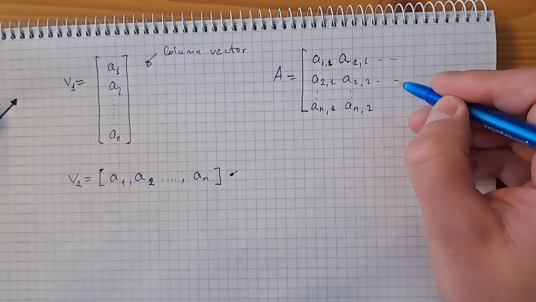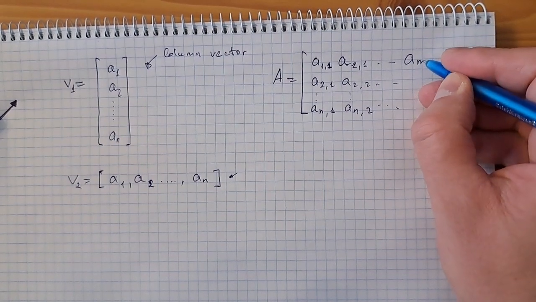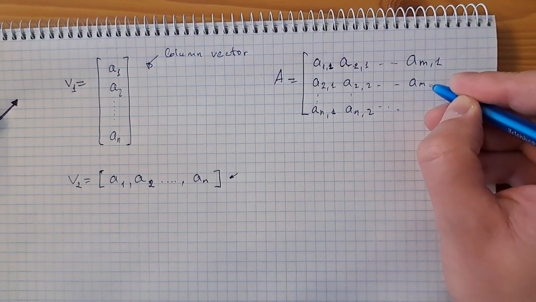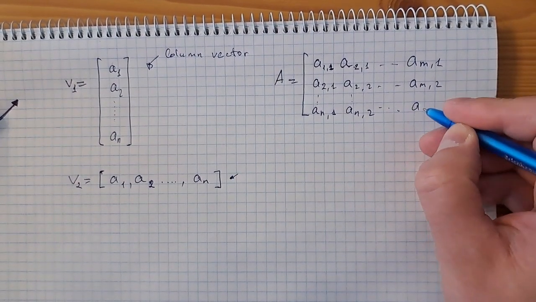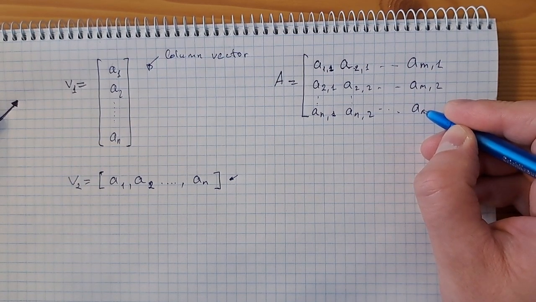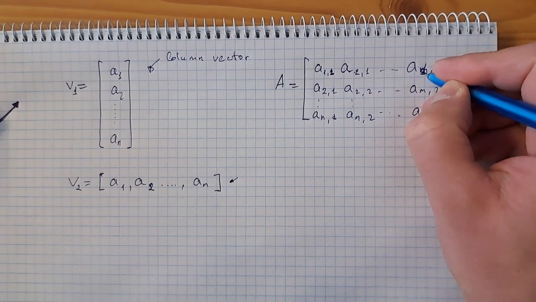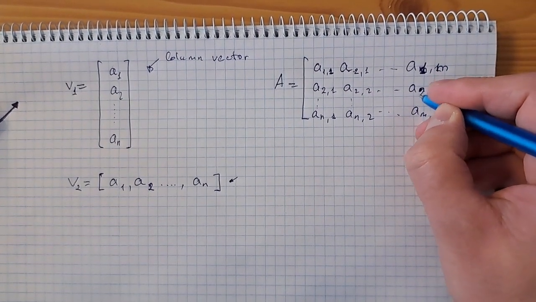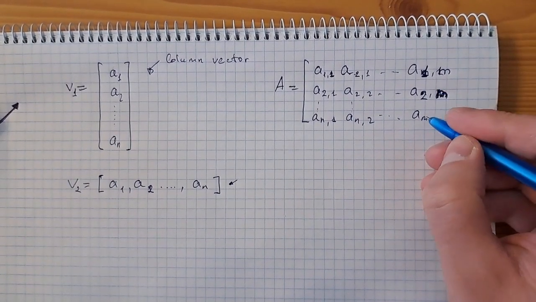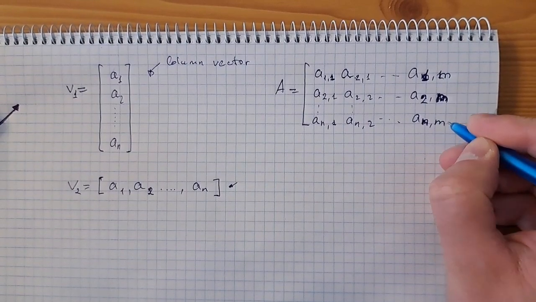And then we continue and we have Am,1, Am,2, up to Am,n, and An,m.